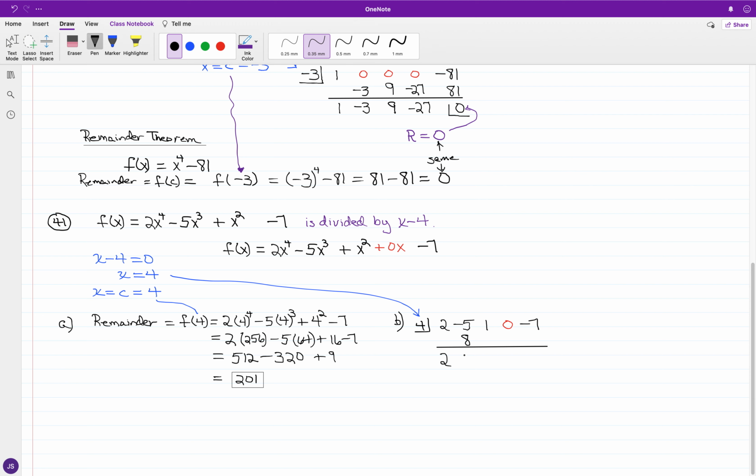Negative 5 plus 8 is 3. Then 4 times 3 is 12. 1 plus 12 is 13. 4 times 13 is 52. 0 plus 52 is 52. 4 times 52 is 208. And negative 7 plus 208 comes out to 201.